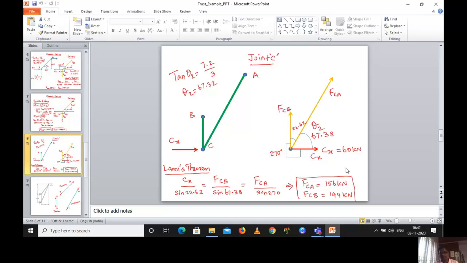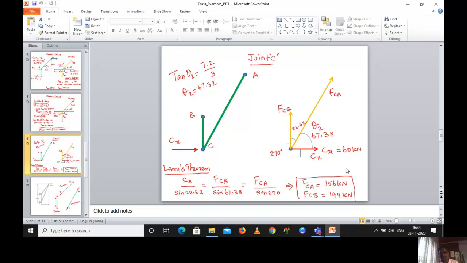Substituting, you will get FCA equal to 156 kilonewton. You can verify whether our answer is correct by comparing the BC value with FCB. Both values are 144 kilonewton. So we got the member force in AB, the member force in BC, and the member force in CA.